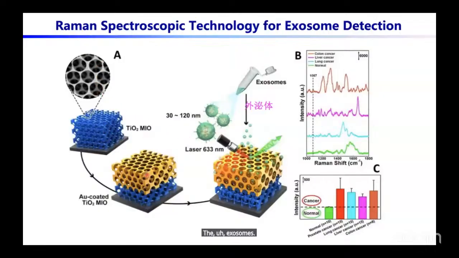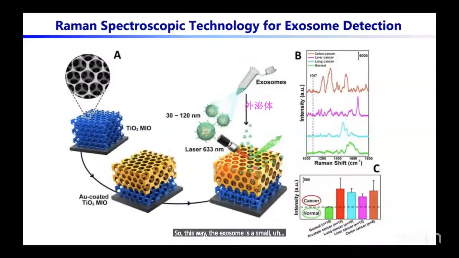There are some cubic type of units that can attract the exosomes.